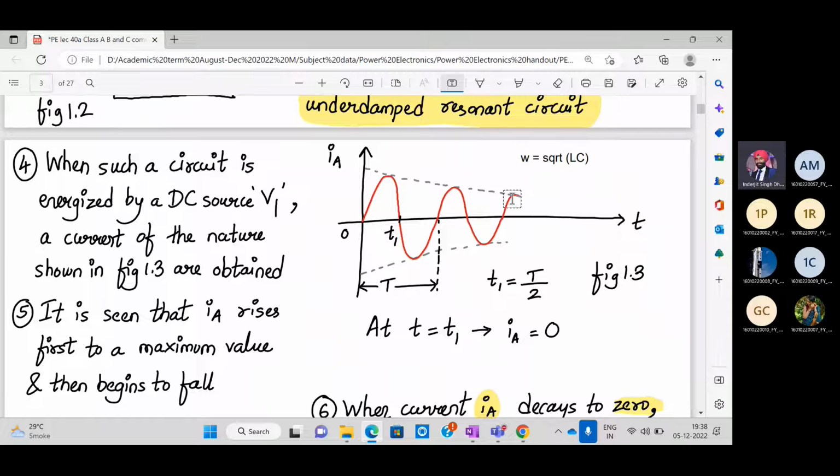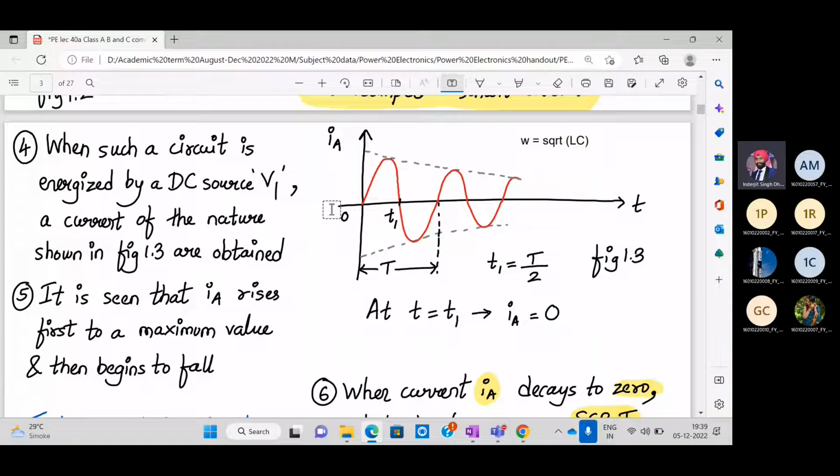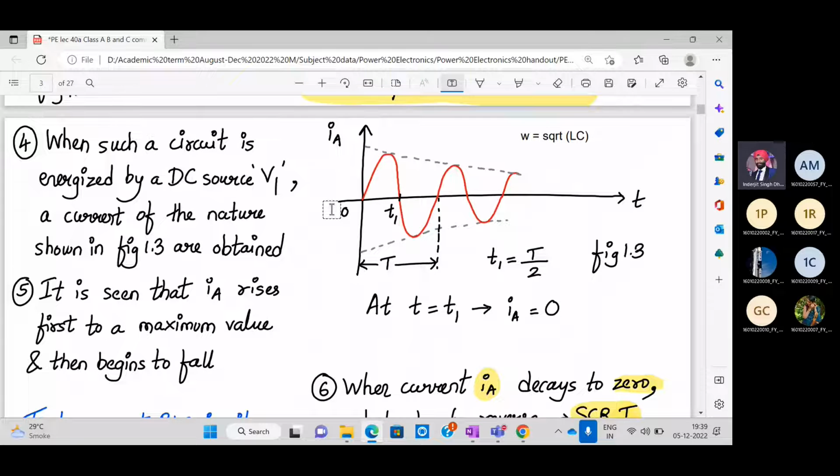So what will be F, the frequency? Omega is 2 pi F. So 2 pi F is equal to 1 upon square root of L into C. So what will be F?